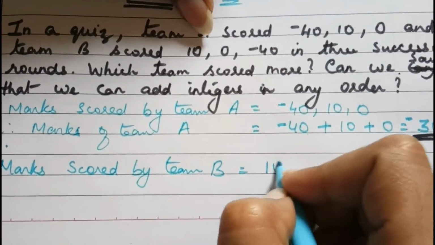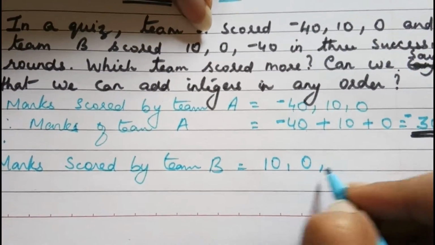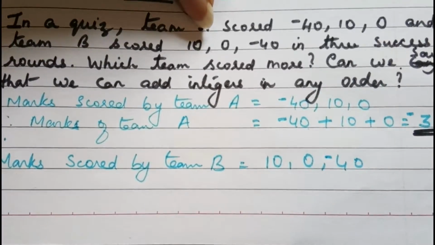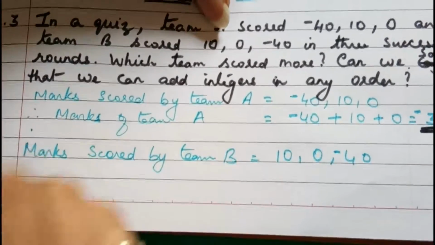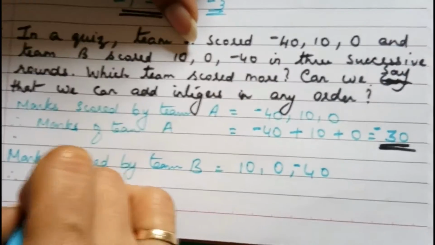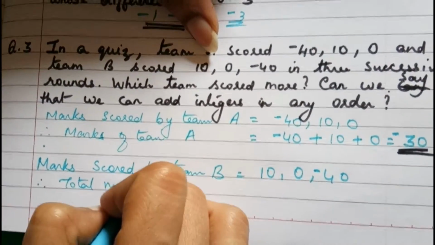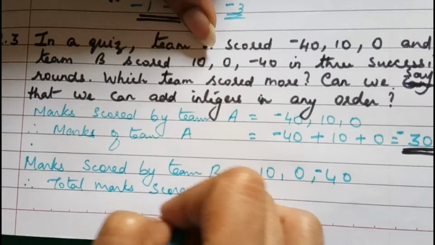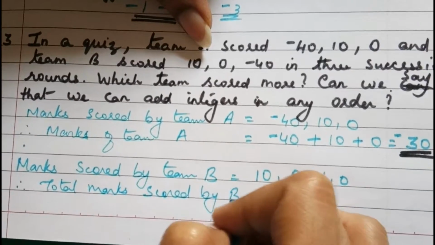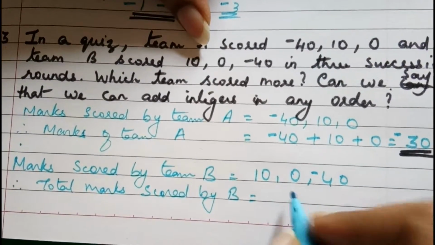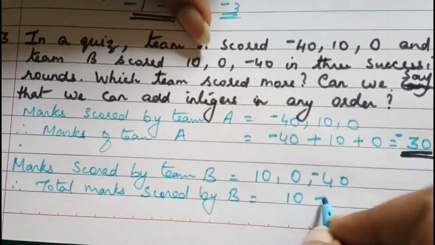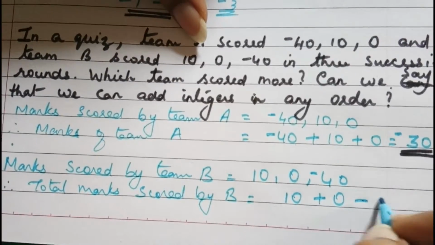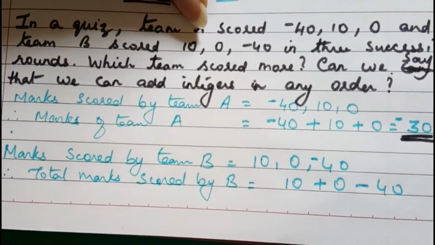It is 10, 0 and minus 40. Therefore, total marks scored by team B is equal to 10 plus 0 minus 40.